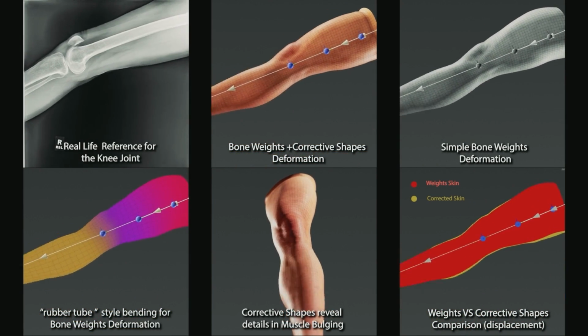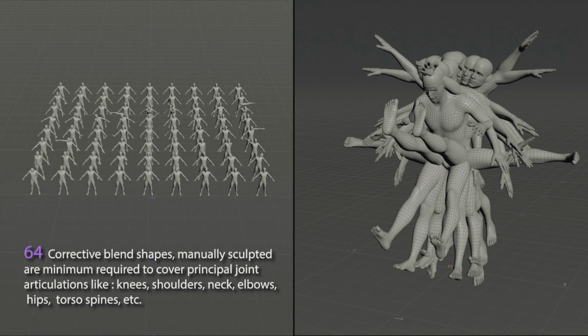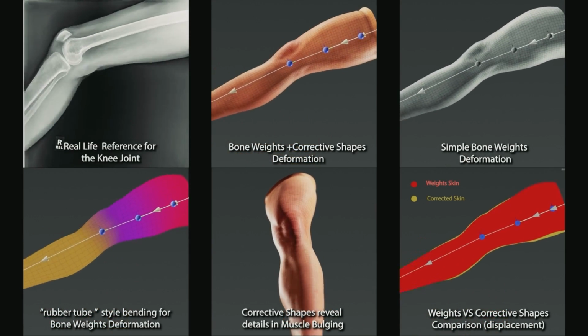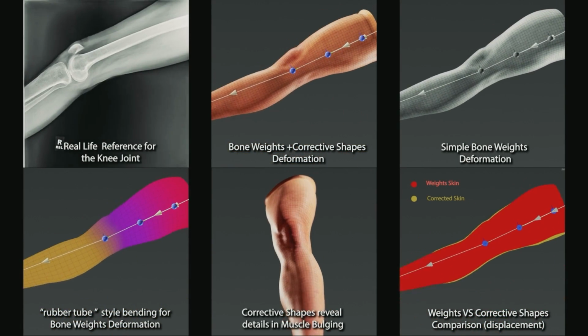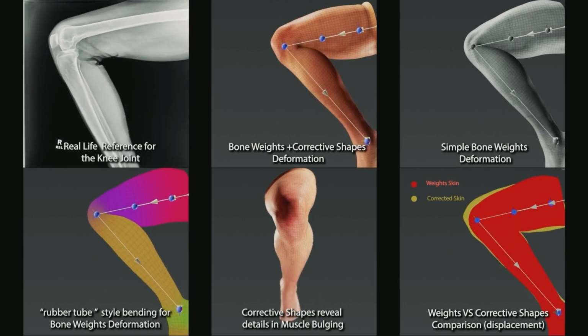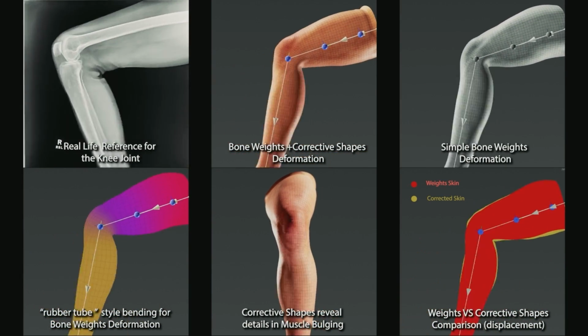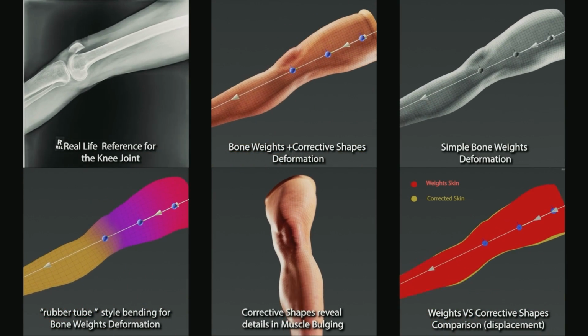In the lower left bottom, we have a section of the leg, and you will see in red the bone weights deformation. Let's call it a bad deformation. With yellow, it's a good deformation.